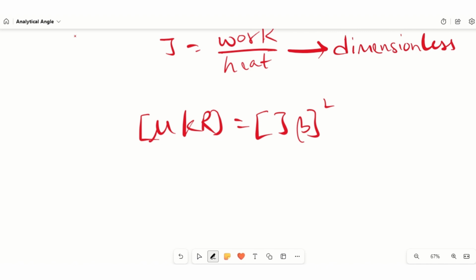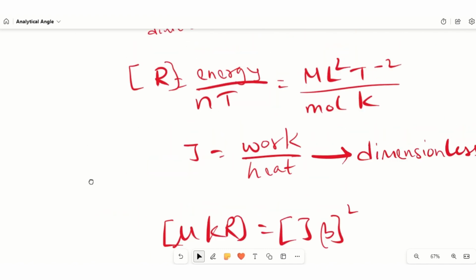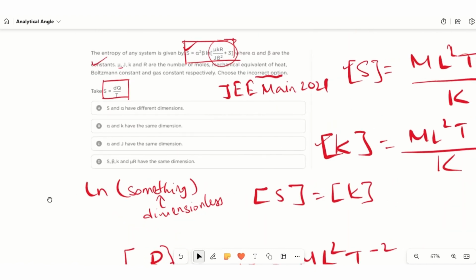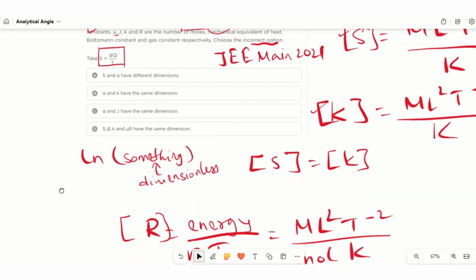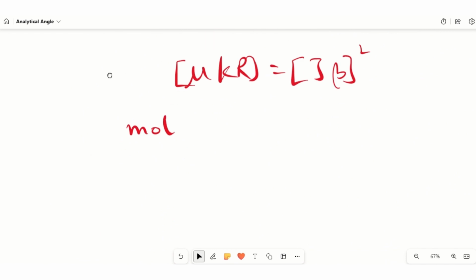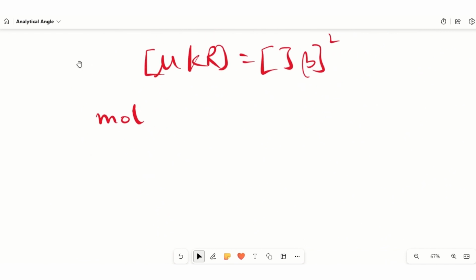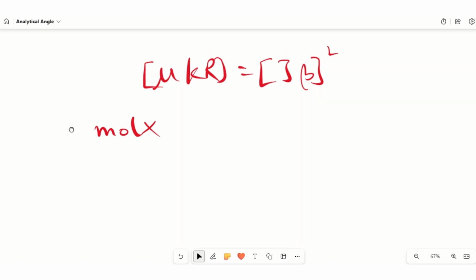Now just place the values we have found till now. We know that mu is mole because mu was given to us as the number of moles. So mu is moles into what was k that we found.